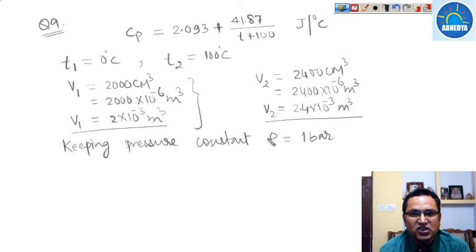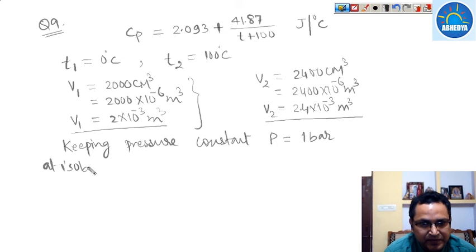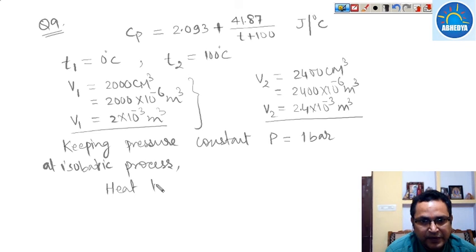Since the pressure remains constant, we know that in an isobaric process the heat transfer is Cp delta T. So in an isobaric process, the heat transfer Q is the integration of Cp dT.